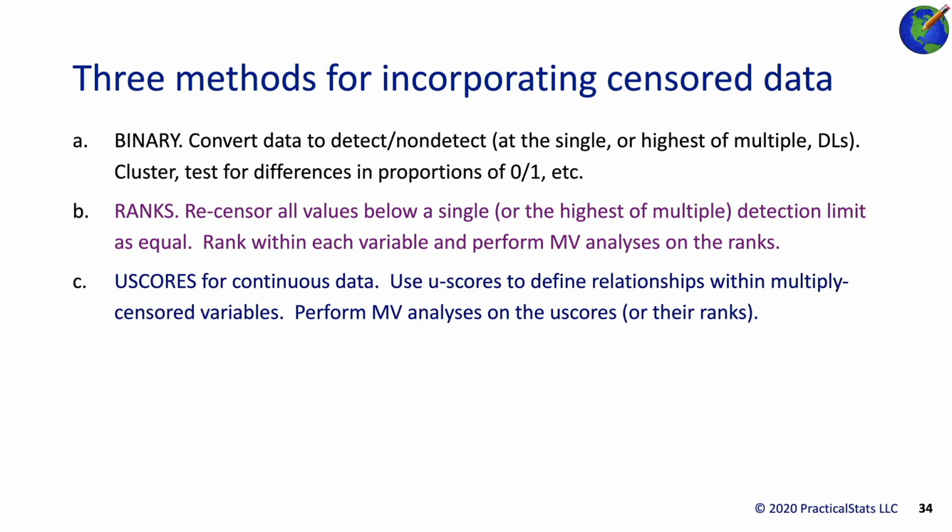So this is going to be a non-parametric procedure. You could say that a less than 1 is less than a 3. And so you would rank the data and use those ranks. I'll show you how in a second. And then there are things called U-scores that are used in a variety of different statistical procedures. And those U-scores can handle multiple detection limits, at least to some extent.